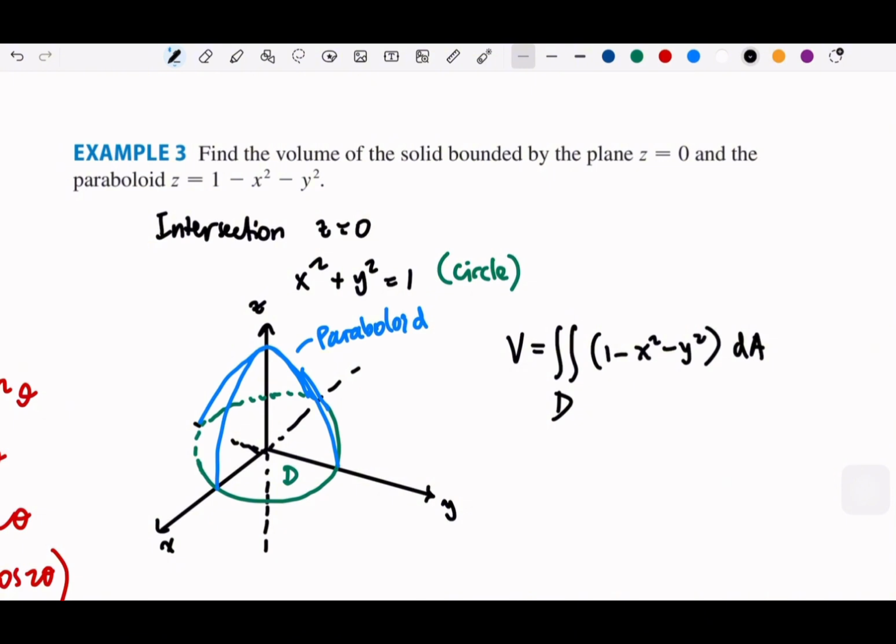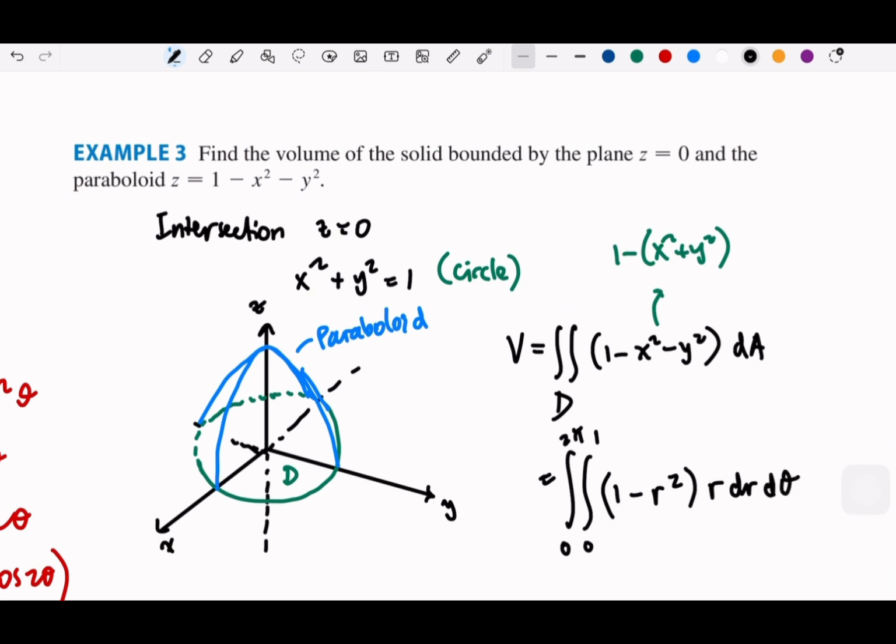So we can write this directly in polar. This will be the angle, this will be the radius, and all the x and y we can convert into polar, which is basically r squared. So x squared plus y squared is r squared. So we can write this as 1 minus r squared, and then r dr d theta.